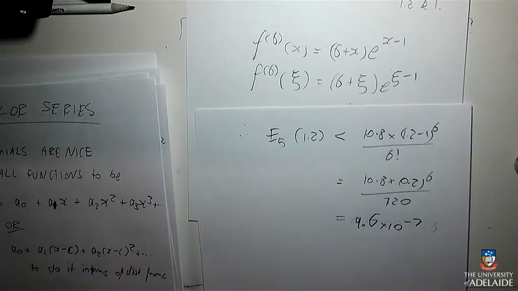So the fact that it's 10 to the minus 7, if it was 5 times 10 to the minus 7, that would be 6 decimal places. So we've got 5 decimal places.